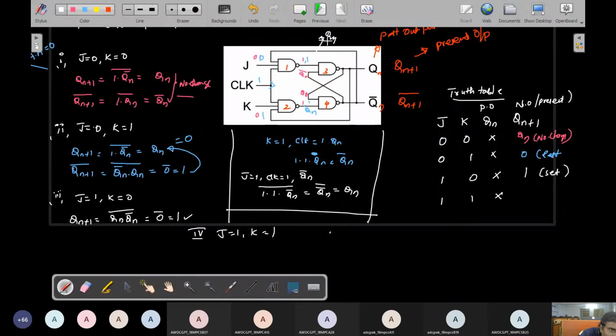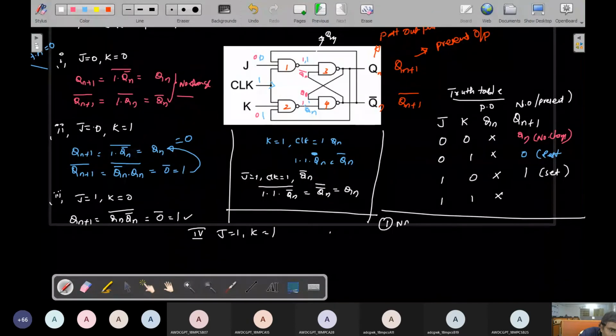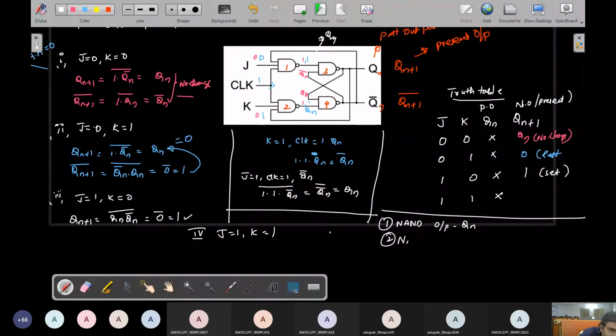So the first NAND gate output is Qn, and the second NAND gate output is Qn bar.